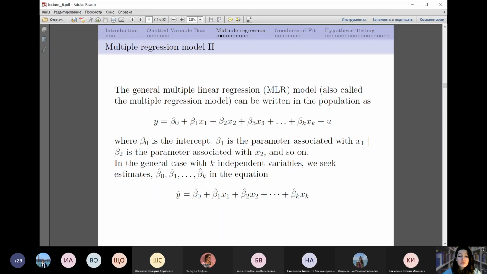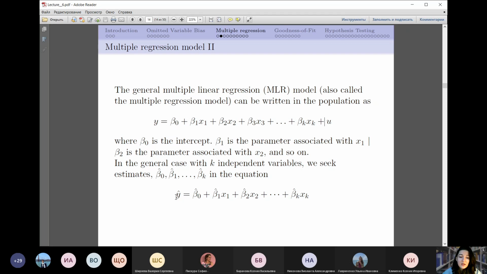And also, of course, in the general case, we can use K explanatory variables, but the notation will be the same. We just add some other factors and again add the error term.